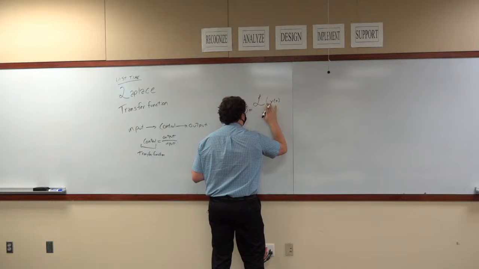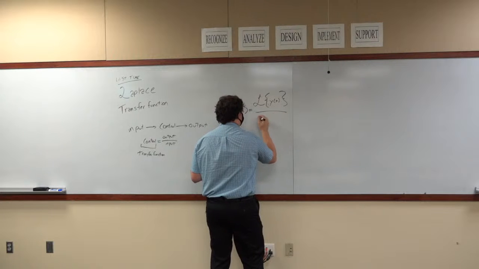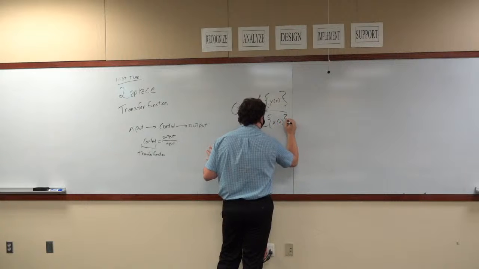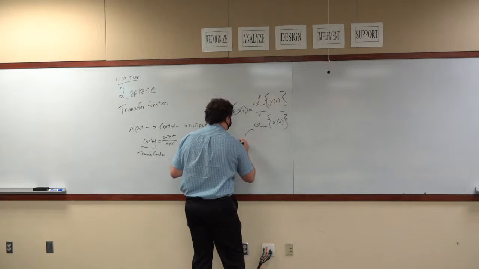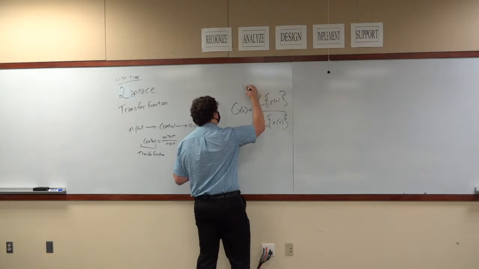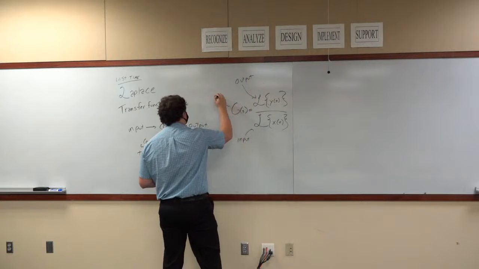So it's the Laplace transform of y of t, which is the output, divided by the Laplace transform of x of t, which is your input. Okay, and then this is your transfer function.